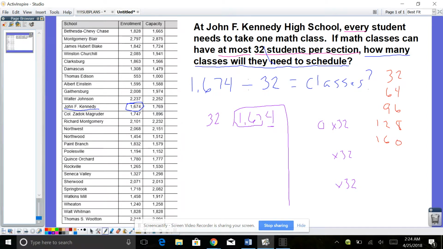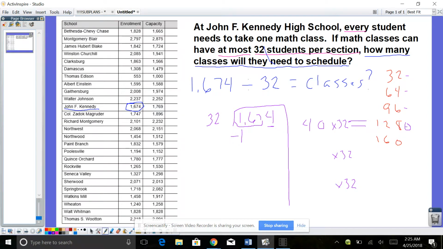And how close to 167 can I get? 1, 2, 3, 4. So 32 times 4 is 128. Oh, look, it lines up perfectly. Let me just do that. 32 times 4 is 128. But 32 times 4 tens is 128 tens.